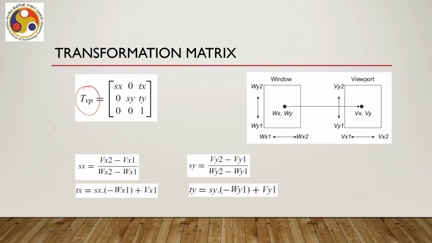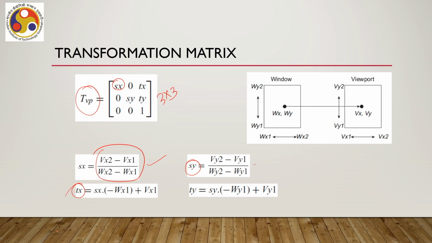So, the transformation matrix can be represented in the form of this 3 by 3 matrix, where Sx is defined in terms of the viewport dimensions and window dimensions. Sy is similarly defined with respect to the viewport dimensions and window dimensions along y axis, Sx is the dimensions along x axis.